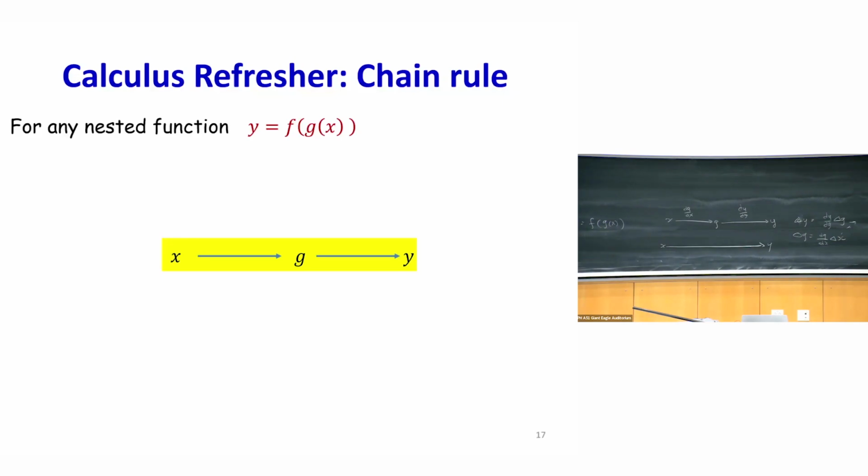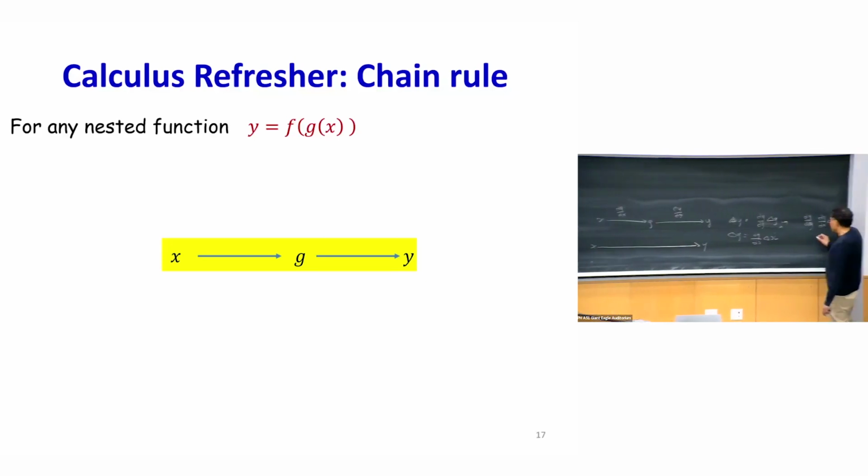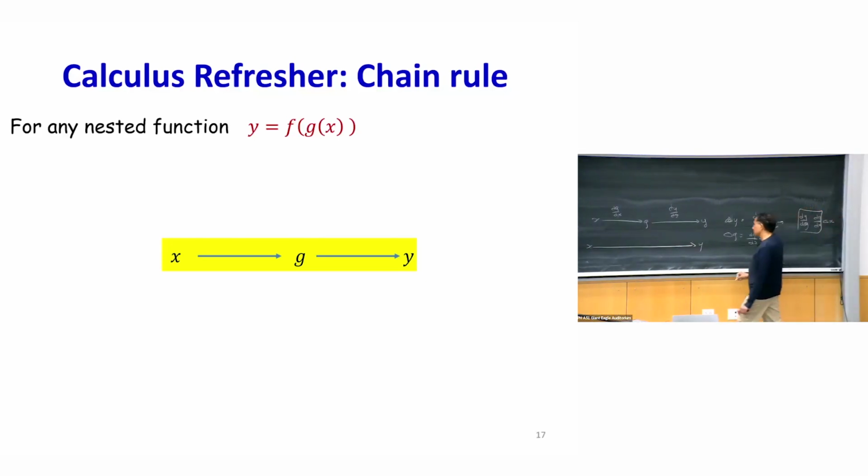What is that? dy by dx. That's going to be this term over here, correct? So this is dy over dg times dg over dx. And this is the derivative of y with respect to x.